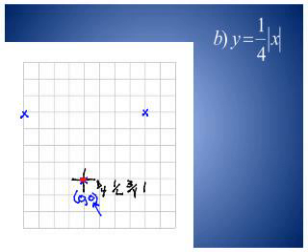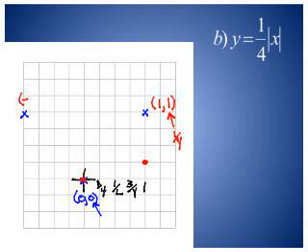So my new vertex is still right here. And now I'm going to take this point, which is at 1, 1, and I'm going to multiply that y value times 1/4. And 1 times 1/4 is 1/4. So I still have an x value of 1, but my new y value is 1/4.